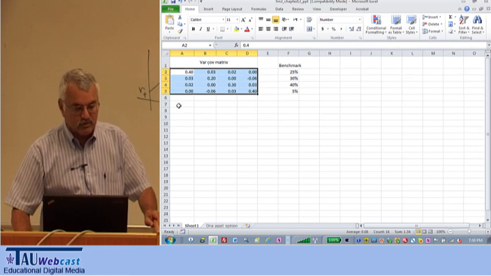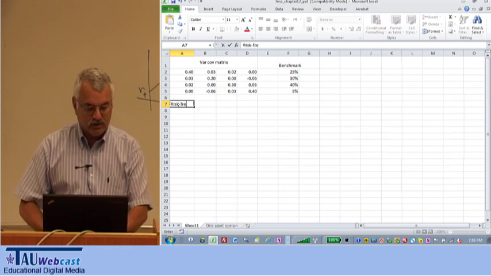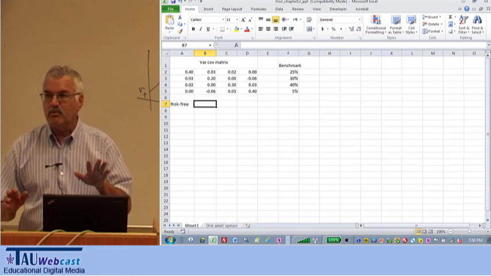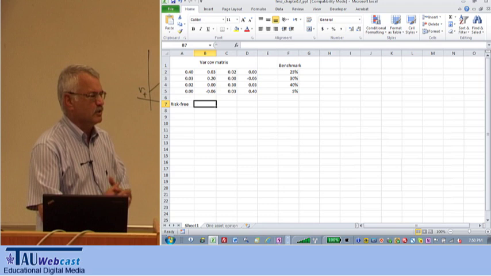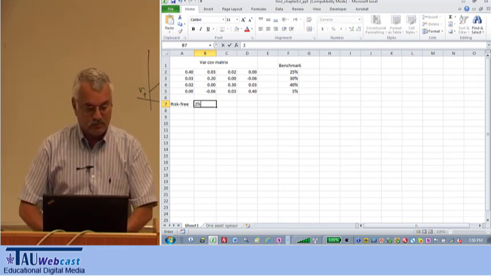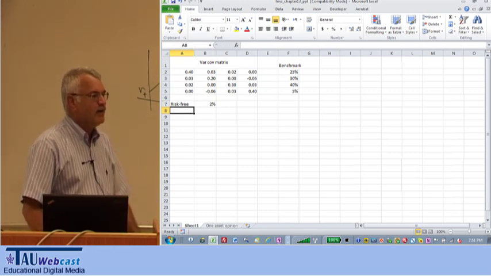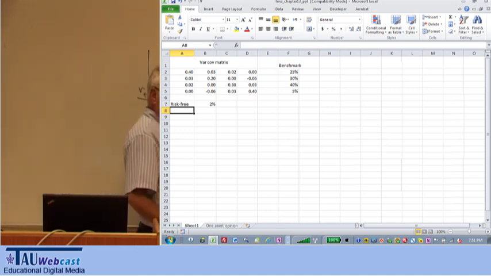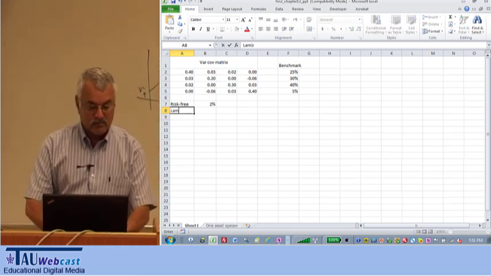So here's what I'm going to do. First of all, I'm going to tell you what the risk-free rate is. Now, in our homework, the example was monthly data, but now I'm going to go back and everything is going to be annual, just to make things simpler. So let's say that the risk-free rate is 2%. And then the next question is, I need this lambda. I have a lot to say about lambda.